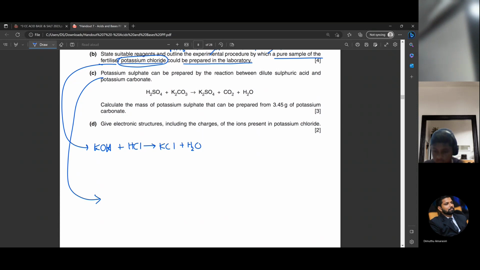Is it titration, excess solid, or precipitation?